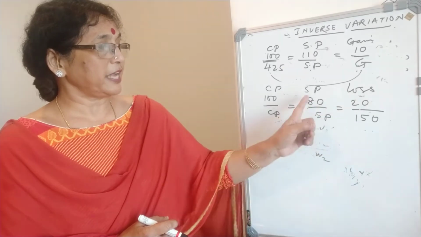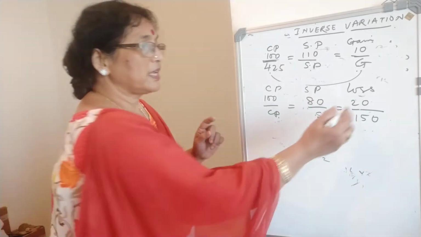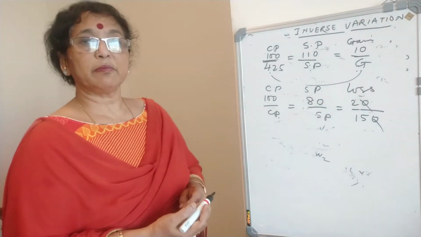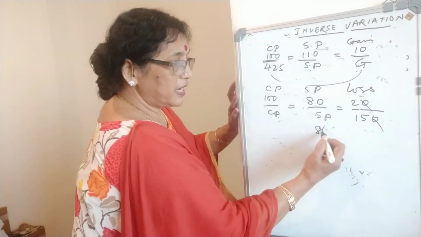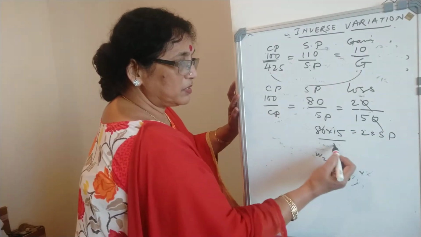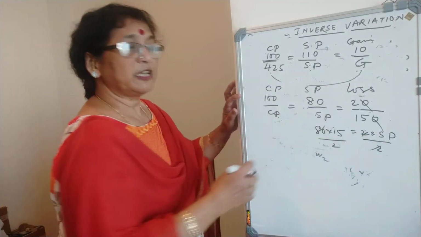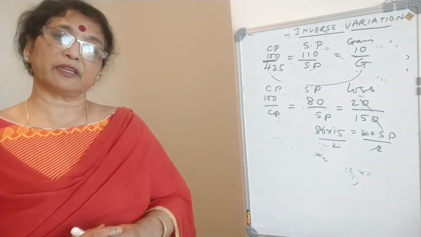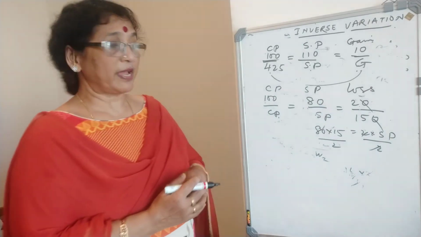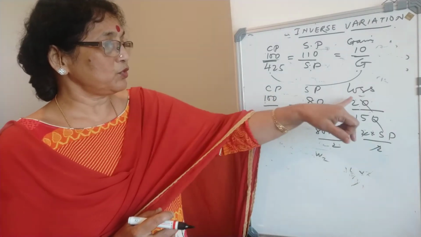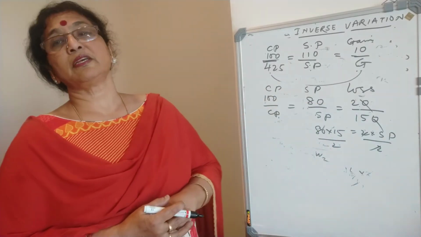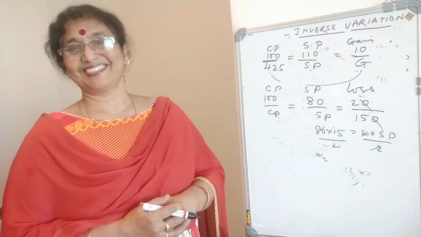So 80 into 15, you can cancel the 0. 80 into 15 is twice selling price, so divide by 2. You get selling price is 40 into 15, 600 rupees, right? And if you take this and this, it will become 20 by 15, 1500, divide by 2 is cost price. So easy it is, right?